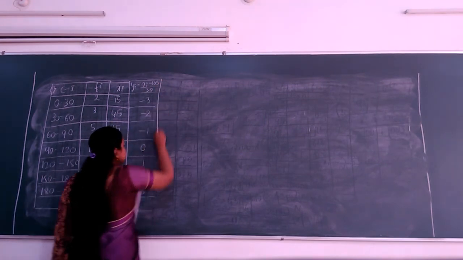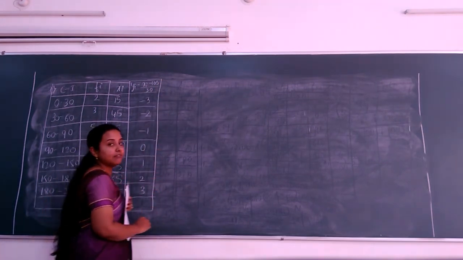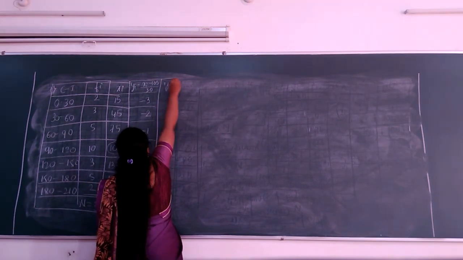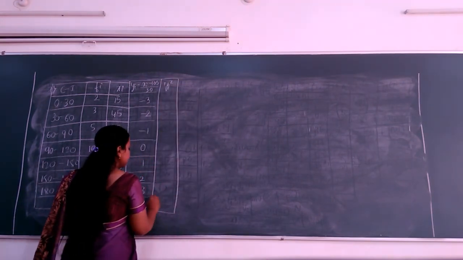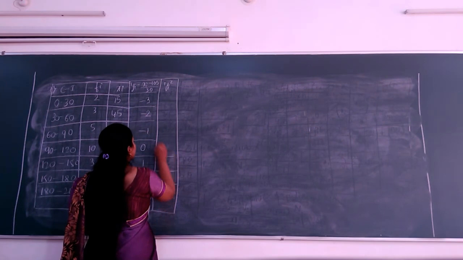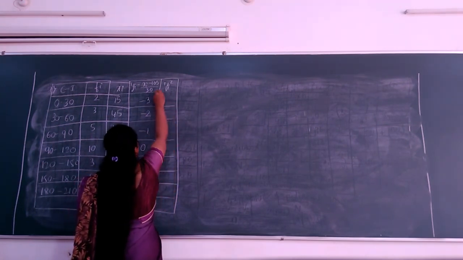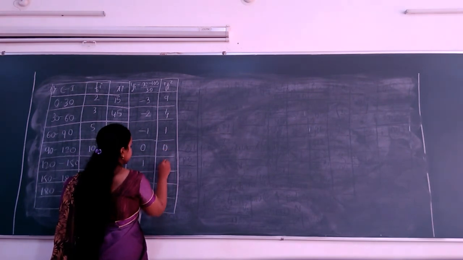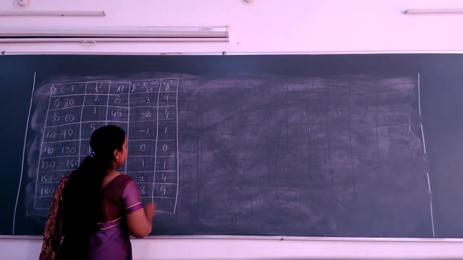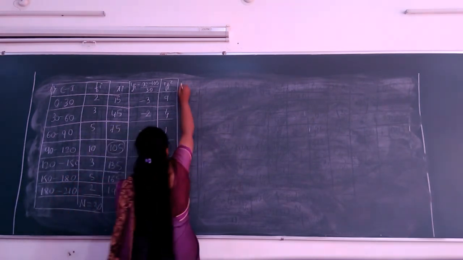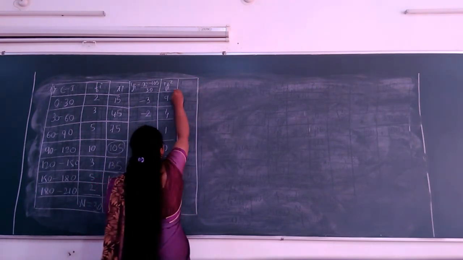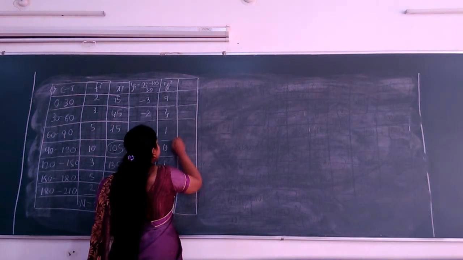So in our previous problem, after yi, what have we calculated? We have calculated yi square, that is, we will square each yi. So what is the square of 3? 9, 4, 1, 0, 1, 4, 9. Next, we need fi into yi.